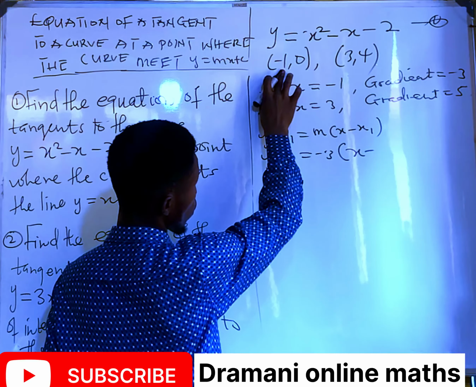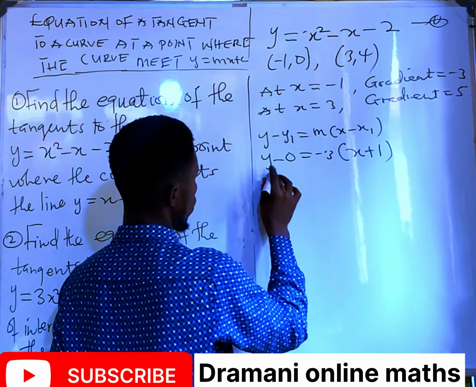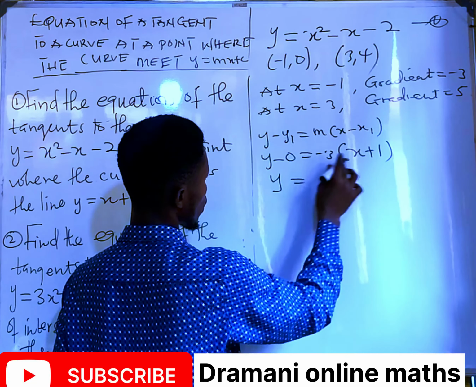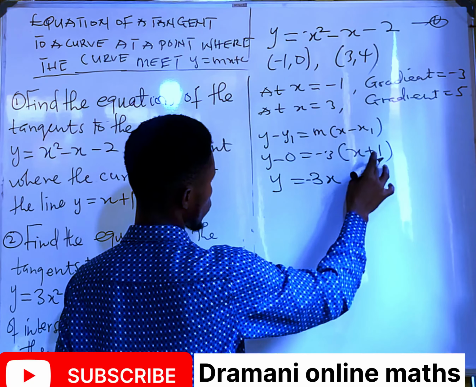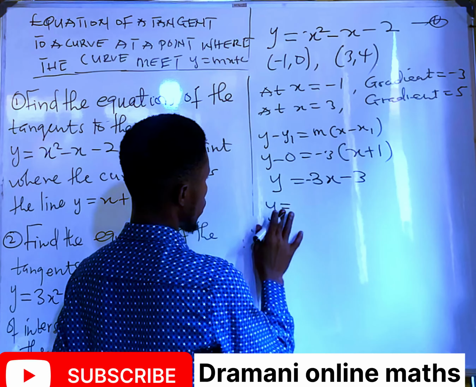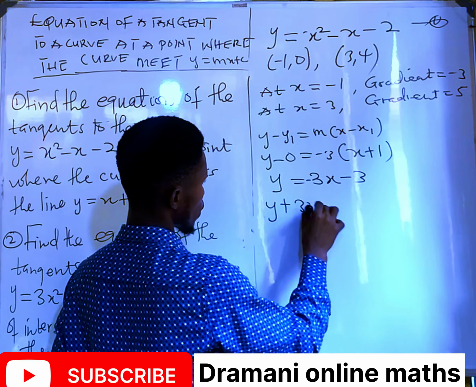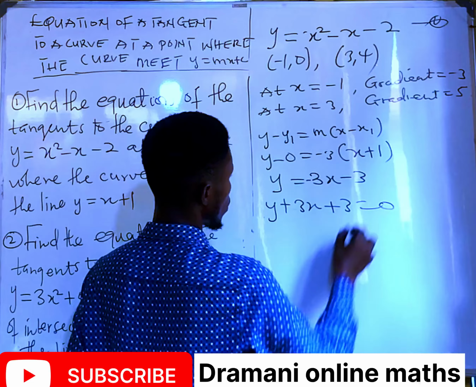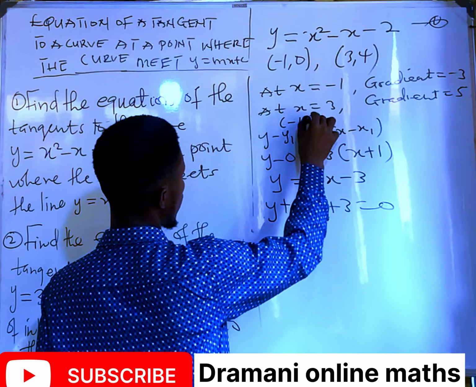Already this is negative 1, so when you meet this negative, it becomes positive 1. So y minus 0 equals negative 3 times x, which is negative 3x, negative 3 times 1 will be negative 3. Therefore, y becomes 3x plus 3 equals 0. So that is for the point negative 1, 0.